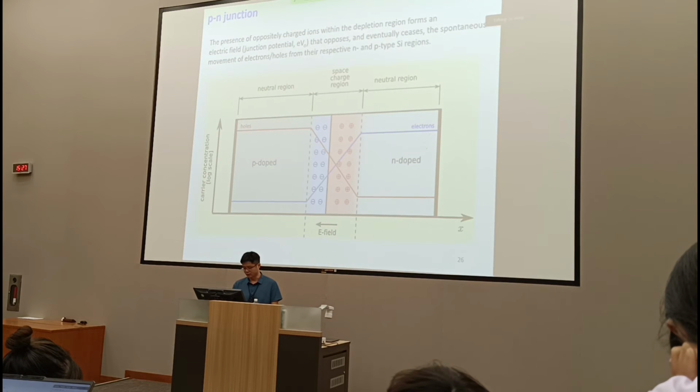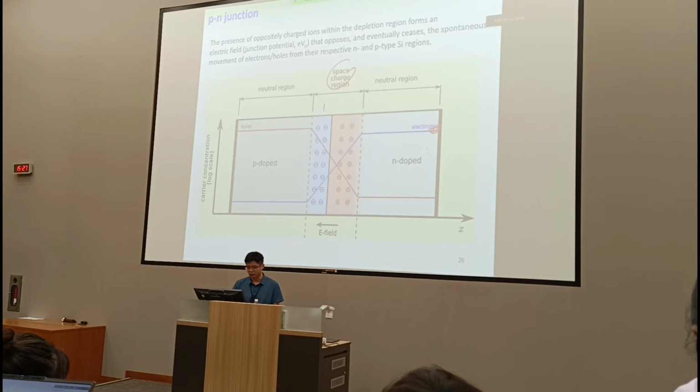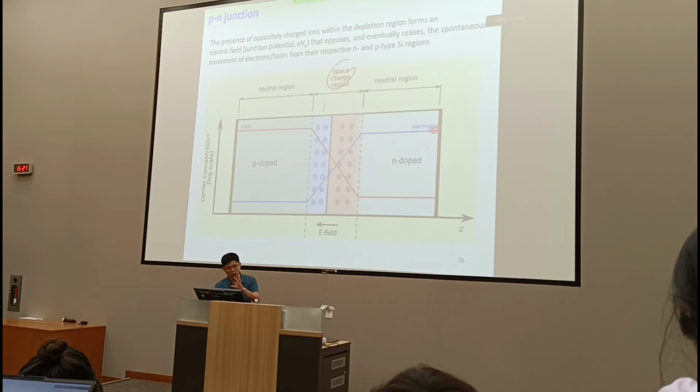This illustrates the carrier concentration: the electron concentration in the n-doped region gradually decreases and eventually becomes zero towards the p-type. For the holes, the carrier concentration decreases across the space charge region and goes to zero. This is before you apply an external electric field, right? So this is the space charge region. In the n-type region, you have static positive charge left behind, because the electrons combined with the holes. In the p-type region, you have static negative charge left behind.